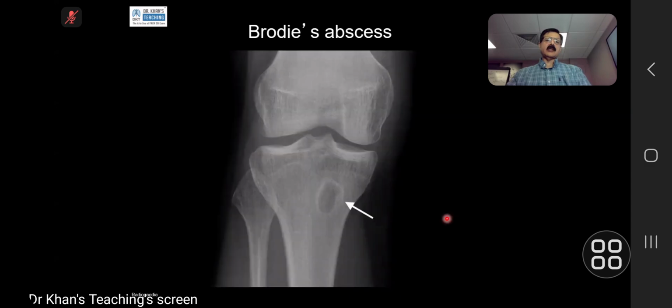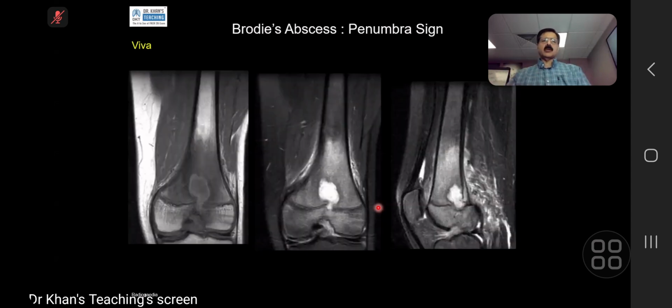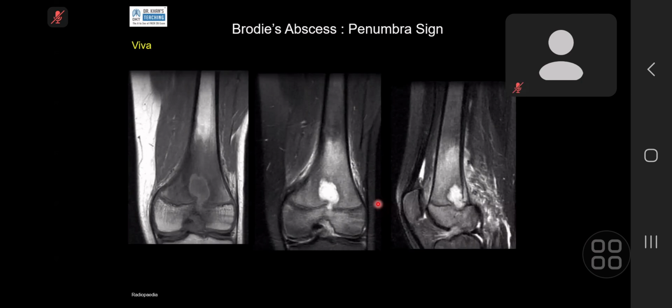Brodie's abscess is usually metaphyseal, but please remember it can extend to the epiphysis. So it can be subarticular also. Candidate one, thank you very much. Thank you very much, Dr. Khan. Okay, candidate two, are you with us?